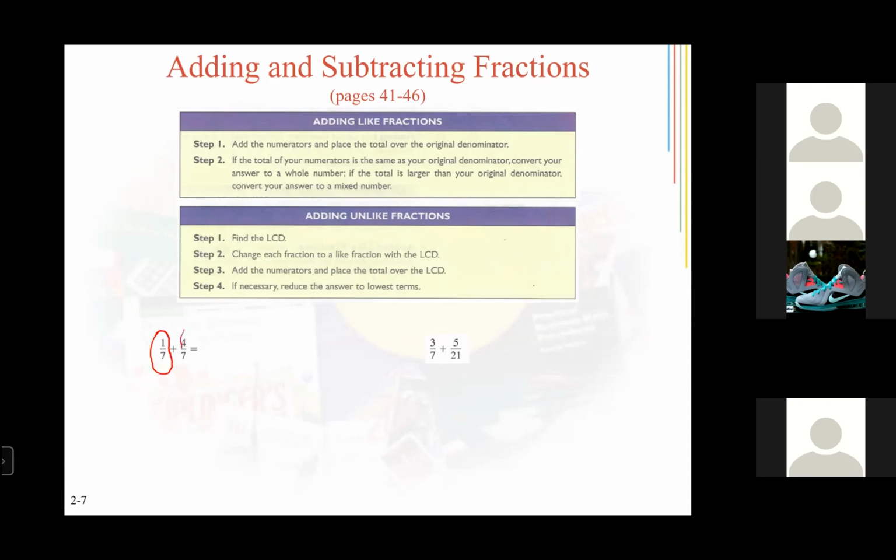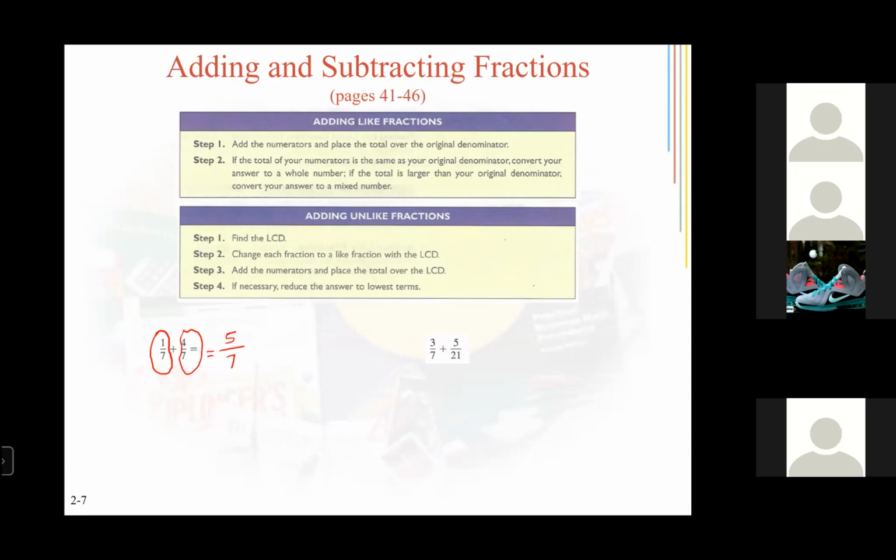This one is saying, I divide something into 7 and I take 4. How many 7s do I have in total? That's equal to 5/7. Once the denominator is the same, all we are doing is adding the numerators to tell you how many parts you have altogether.